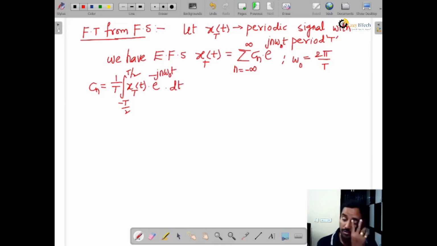These are the exponential Fourier series coefficients.